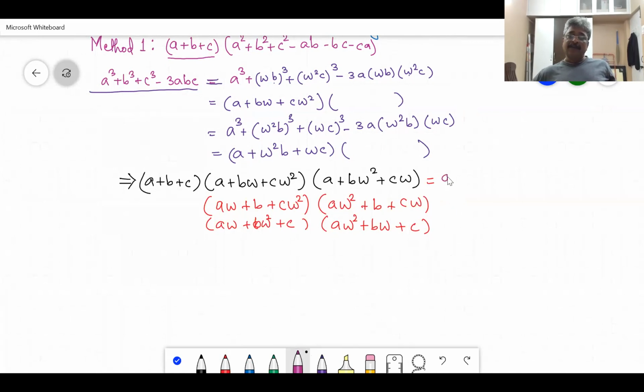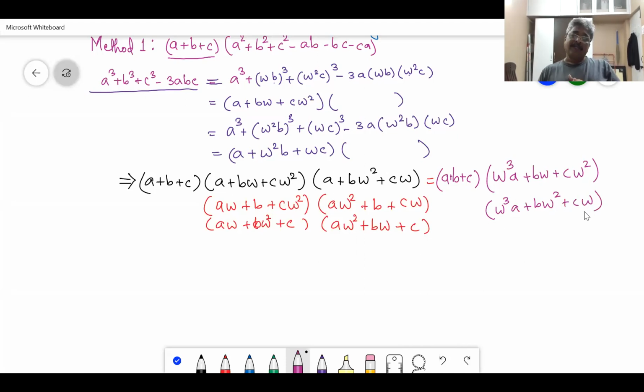Let us first write the factor as it is, a plus b plus c. Instead of 1 times a, let us write omega cube times a plus b omega plus c omega square. And the third factor, omega cube times a plus b omega square plus c omega.